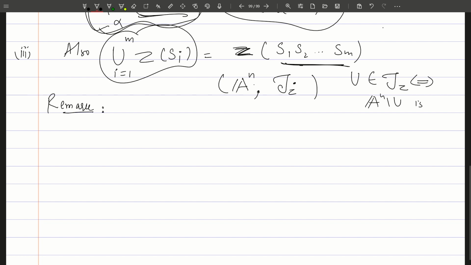Now, what will happen if we take a subset X of An? Will that subset inherit its topology from the topology on An? So this is remark 1.